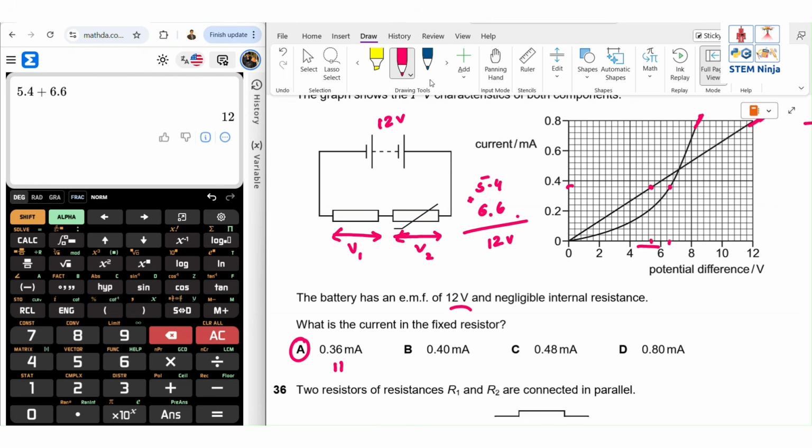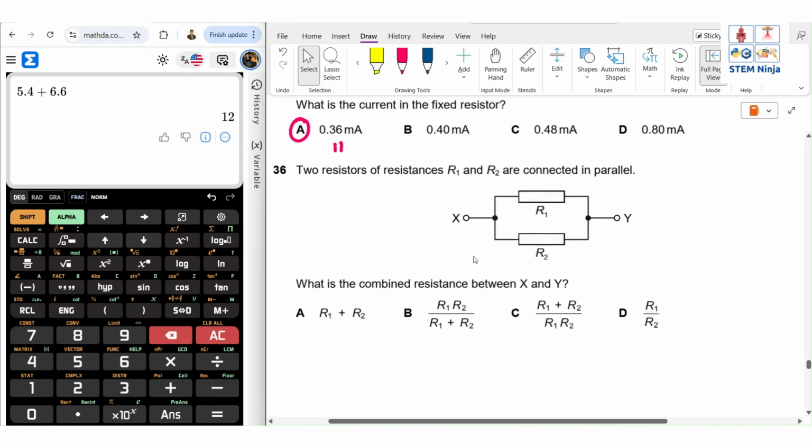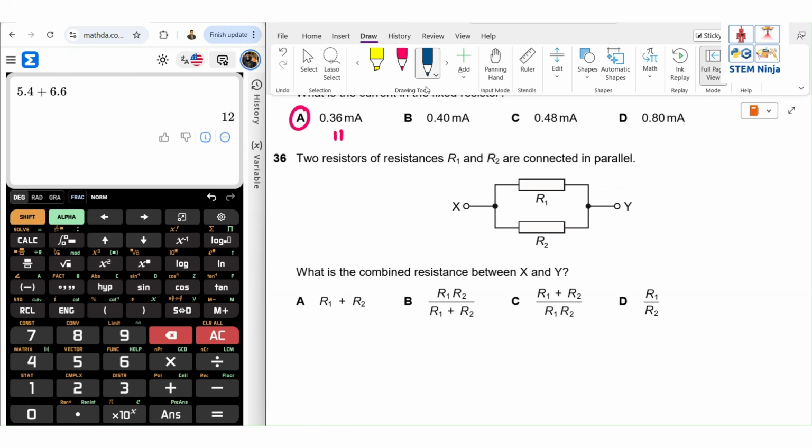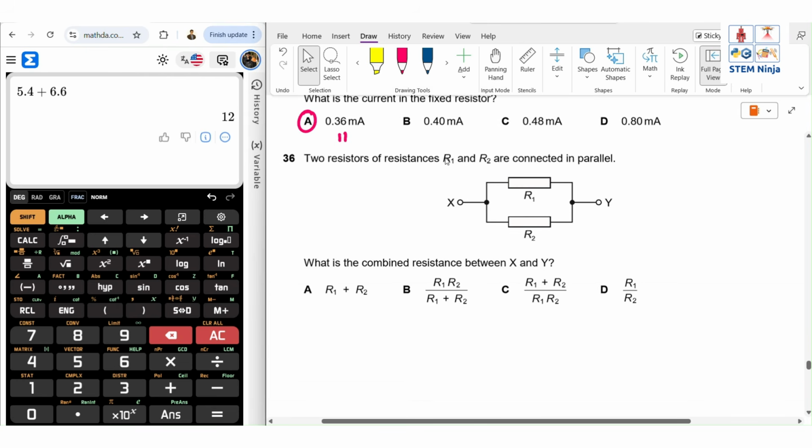Right. Okay. Moving on. Two resistors of resistances R1 and R2 are connected in parallel. What is the combined resistance between X and Y?